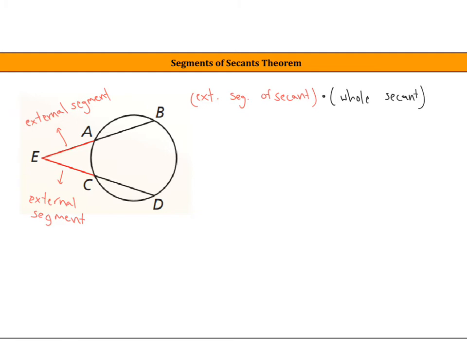And this should be equal to the external segment of the other secant times the whole other secant. So what does that look like?